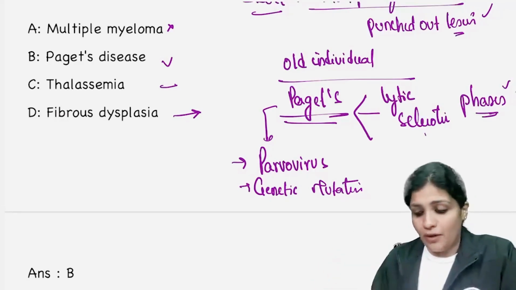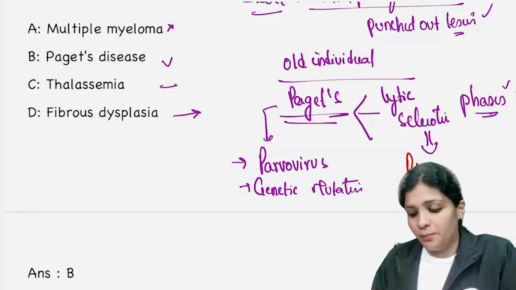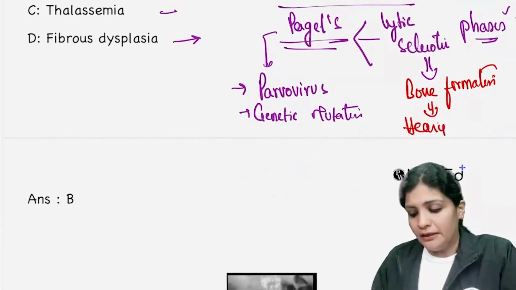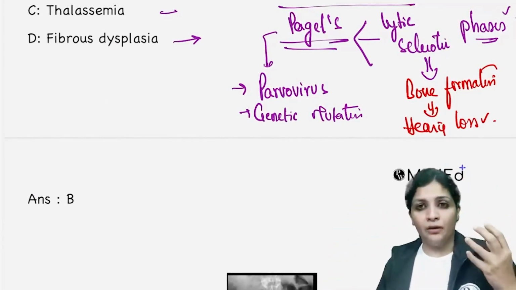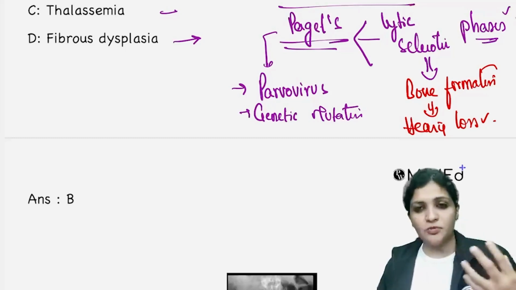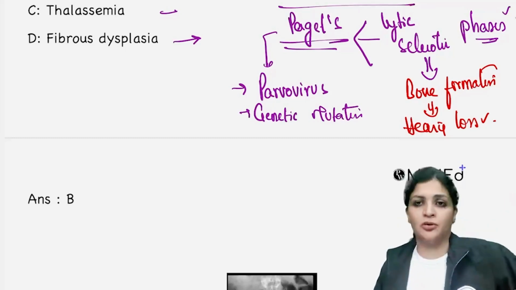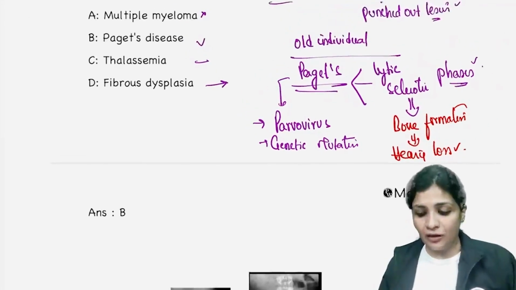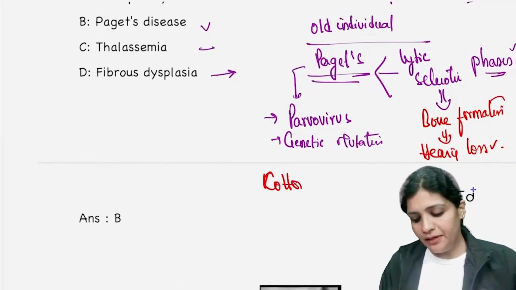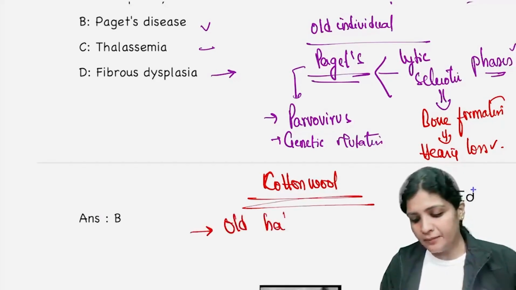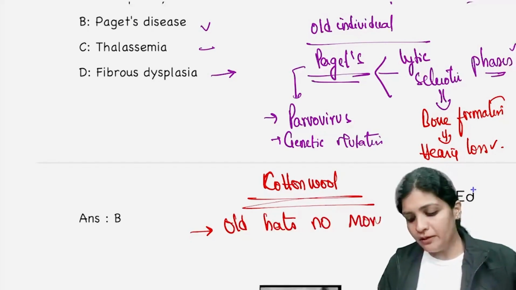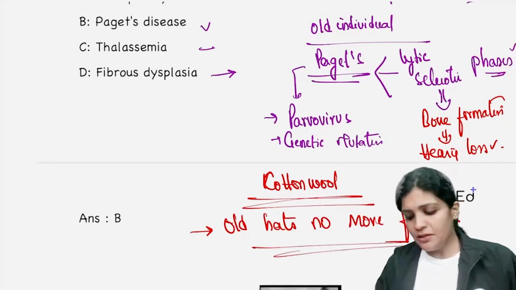In the sclerotic phase, there is a lot of bone formation which occurs. This bone completely closes, and there could be hearing loss because of the sclerosis of the foramen, which puts pressure on the nerve. There will be a cotton wool appearance, and there is a saying that the old hats no more fit, because all these mnemonics are from the western world.